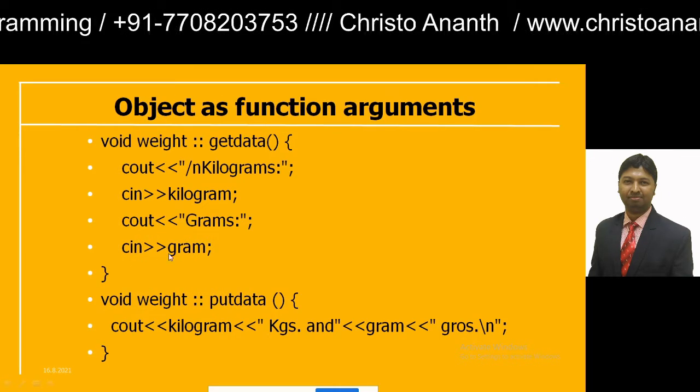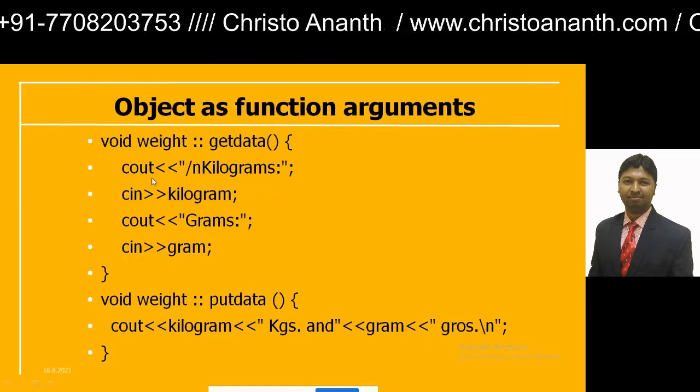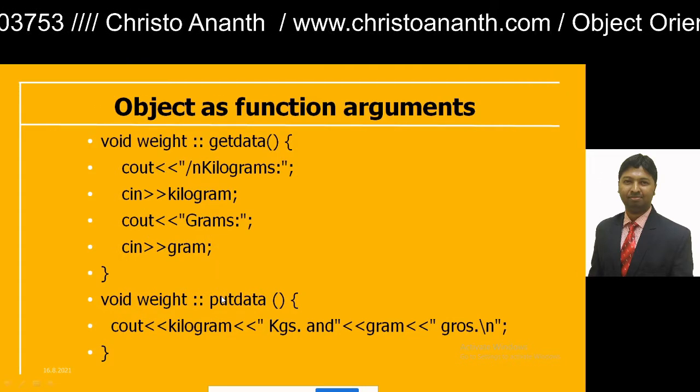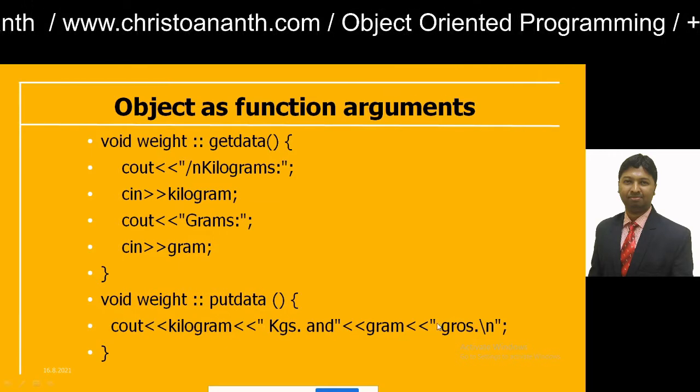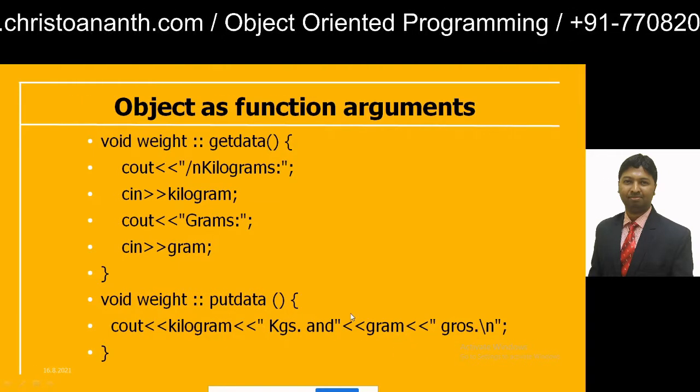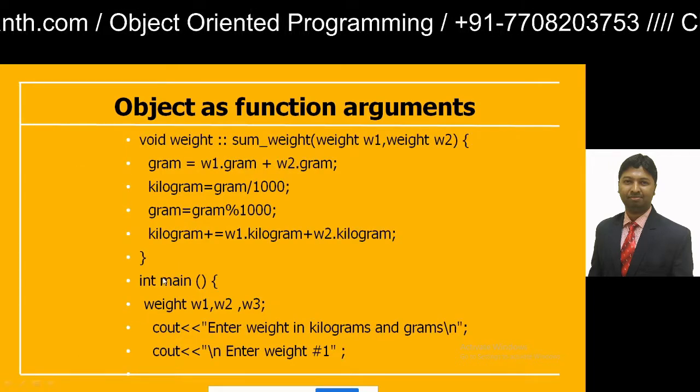and cout to print grams, cin it as gram. Similarly to get_data, you have put_data: cout kilogram in kgs and gram in grams.